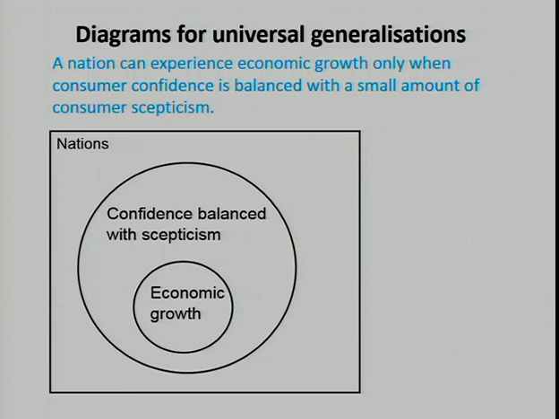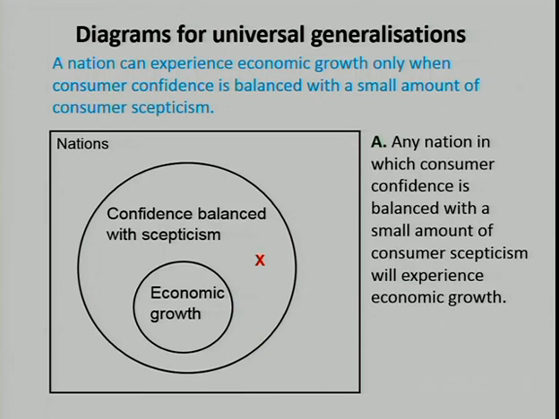That should be clear. And the other option is a bit different: any nation that has that balance will experience economic growth. Well, it might, but it also might not. So there are counterexamples to that claim, so that doesn't match the principle. Clear? Tess?